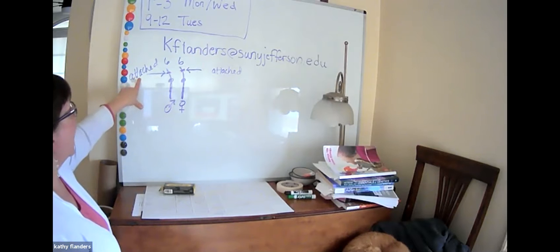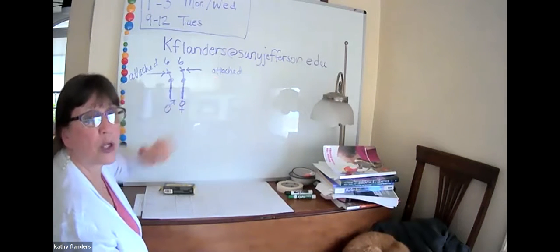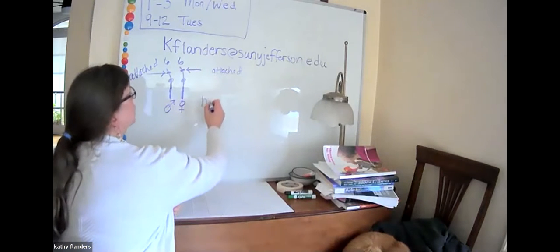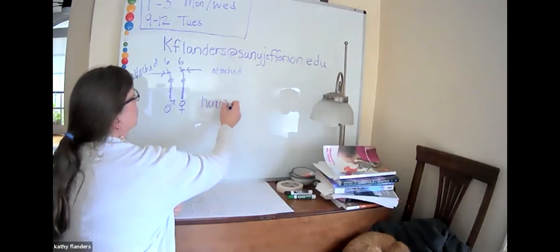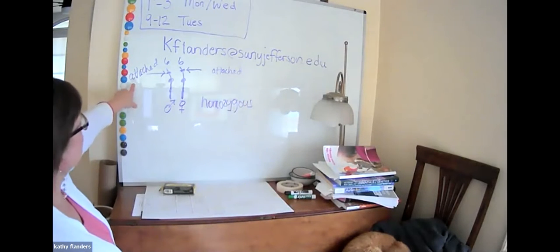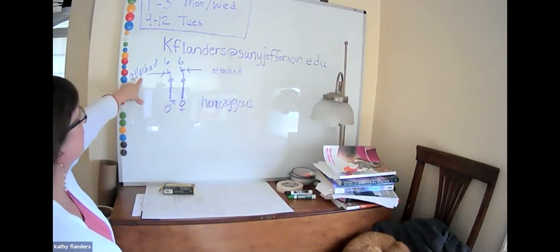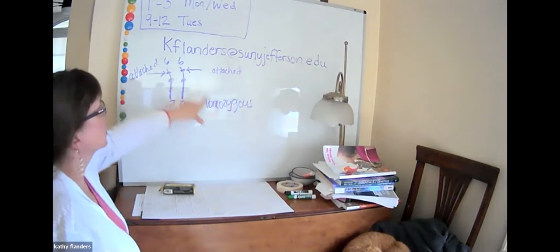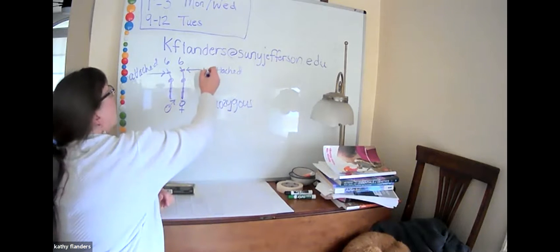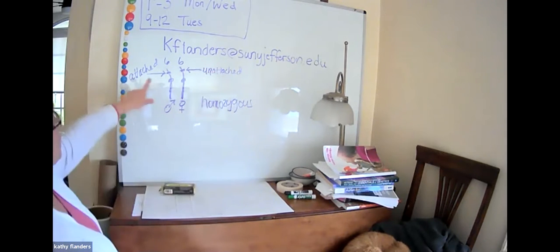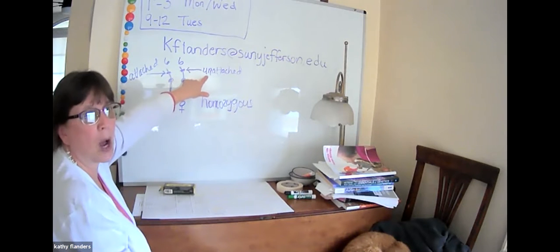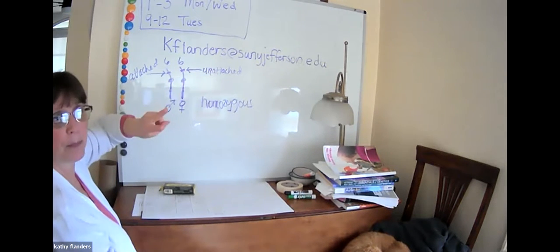If you got attached from both dad and mom, you got the same gene, same allele, that is homozygous. Homo means the same. But if you had attached from dad and unattached from mom, they're not the same.